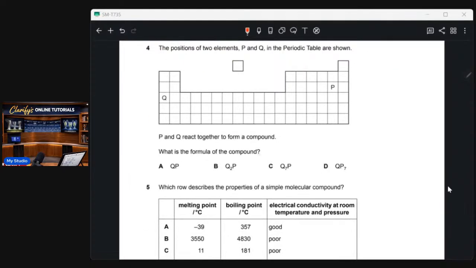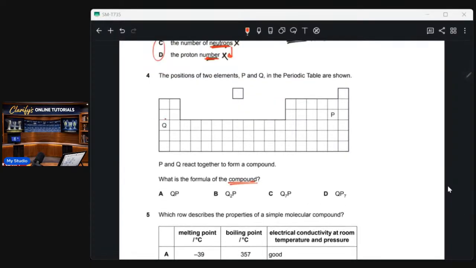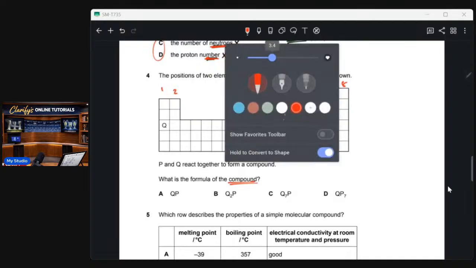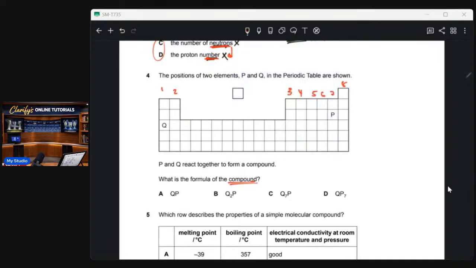What is the formula of this compound? They said these two things react together. This cannot be easier. This is group 1, this is group 2, then the transition metals, then group 3, group 4, group 5, group 6, group 7, group 8. The group tells you the number of electrons in the last shell, which is the valency.